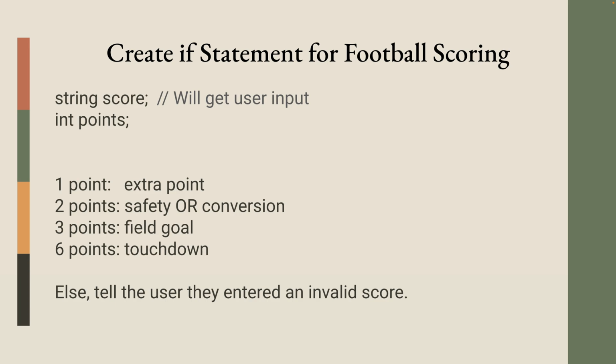The user is going to tell you something like touchdown, and then you would set points equal to 6. So again, the user might type in something like touchdown, and you should then set points equal to 6. So you're using the variable score, which is a string. The score will be equal to touchdown or field goal or extra point.